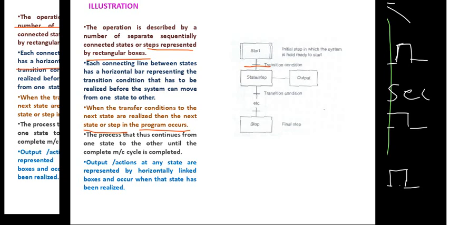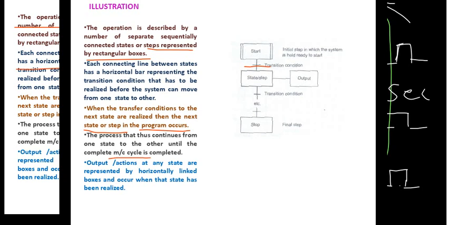This complete operation is called the machine cycle, and the outputs or actions, this is very important, at any state are represented by horizontal boxes. So now this is the box which is horizontally linked with this sequential function. Sequential functions are represented vertically one after the other, very much similar to how you draw your ladder diagram.